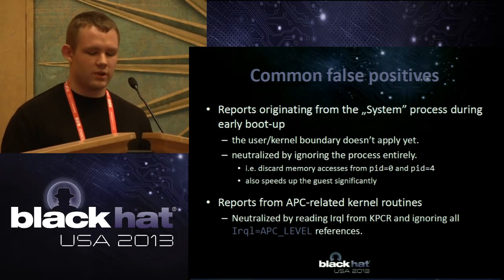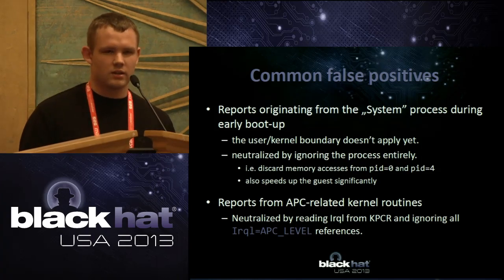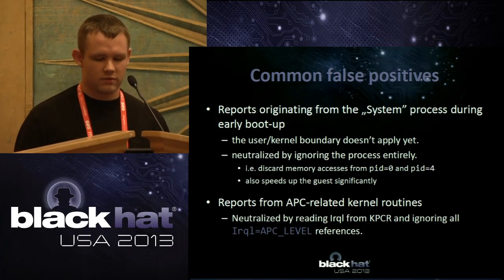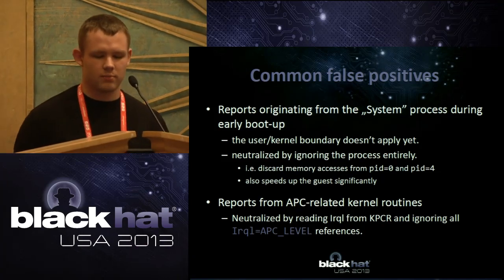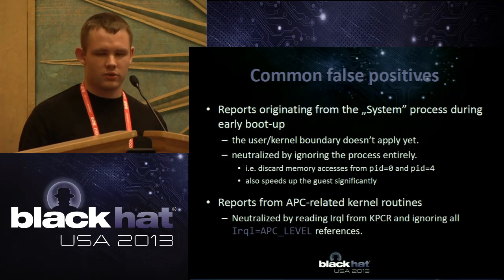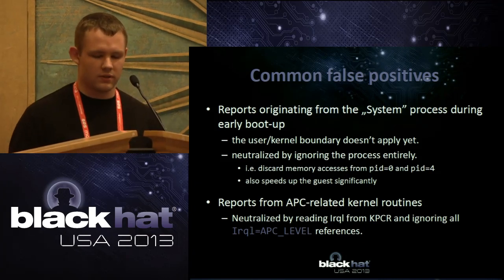So at this time, during very early boot up, there is no user kernel boundary yet. So we ended up with lots of false positives because of this. And we could easily discard all of these false positives by just ignoring all reports that were coming from process ID equals 0 or 4, which is this specific system process.